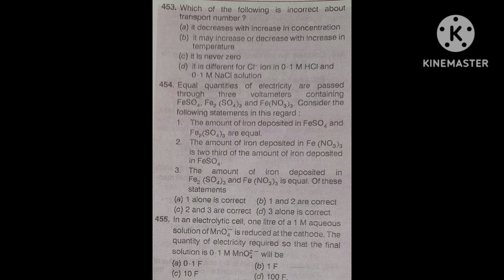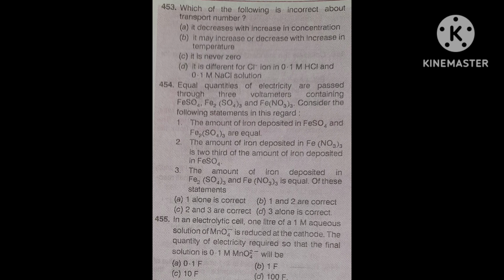The quantity of electricity required so that the final solution is 0.1 M MnSO4 2 minus will be: first option 0.1 F, second option 1 F, third option 10 F, fourth option 100 F.